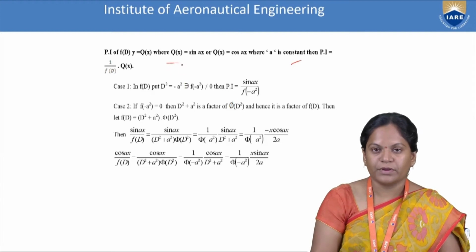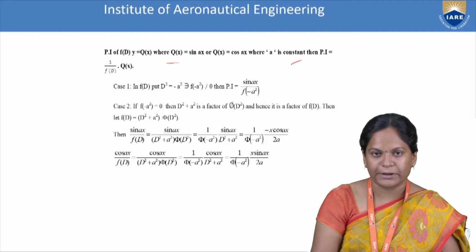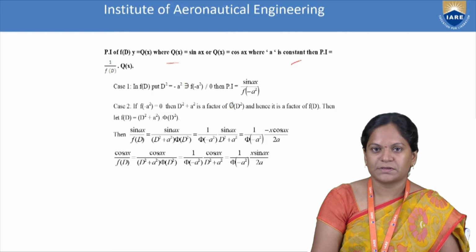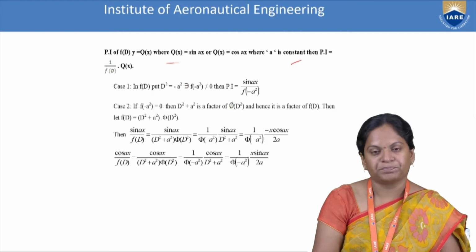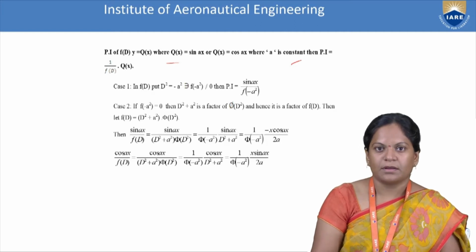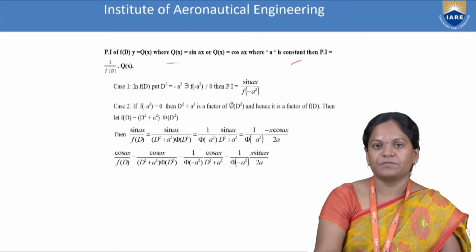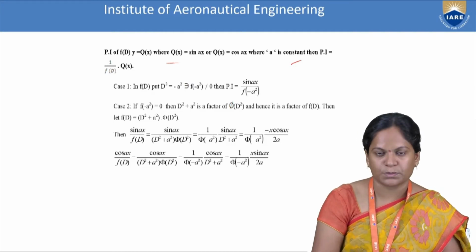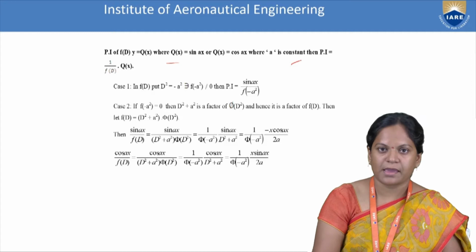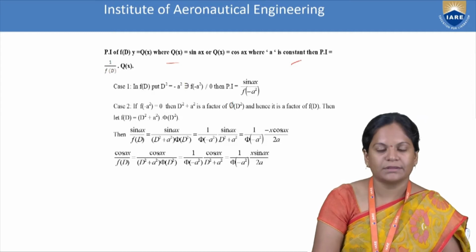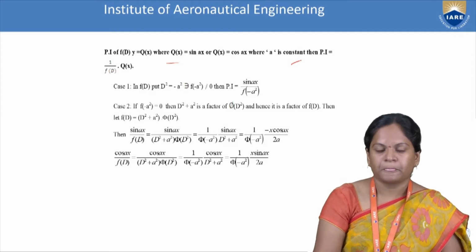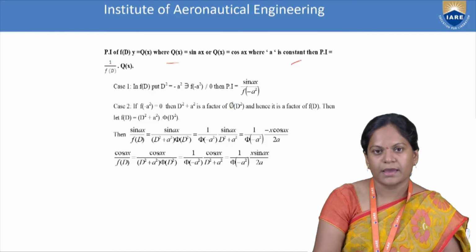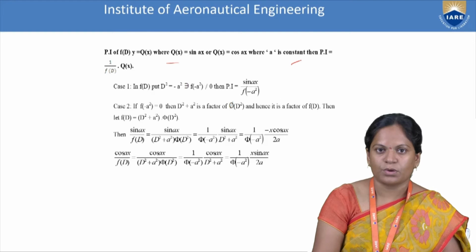Suppose f(D) is the operator form of the given differential equation. Substitute D squared with minus a squared. What is minus a squared? Here we have to remember one thing: it is not minus a whole squared, it is only minus a squared. a is a constant, the coefficient of x in either sin ax or cos ax. We have the same method for either sin ax or cos ax.